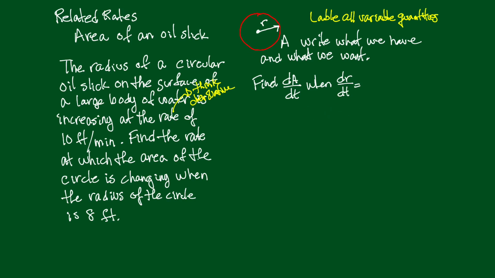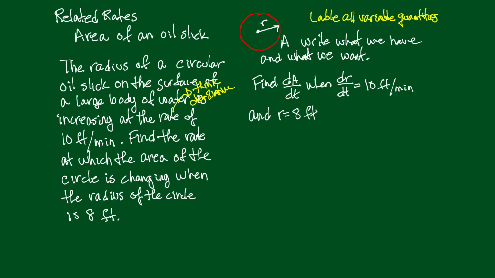It was a 10. So I'm going to write that, and I'm going to use the units. 10 feet per minute. All right, so find dA/dt when dr/dt equals 10, and we also know we want it at r equals 8 feet, and that's coming from the last sentence. Find all this when it's happening right at 8 feet.